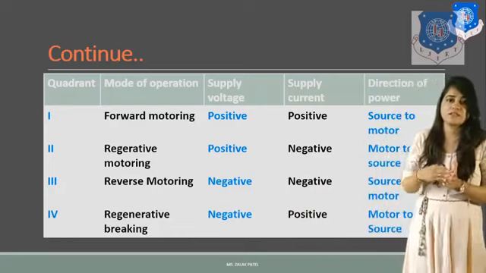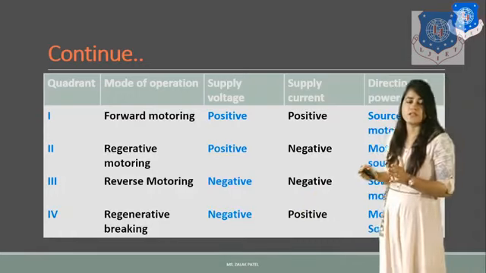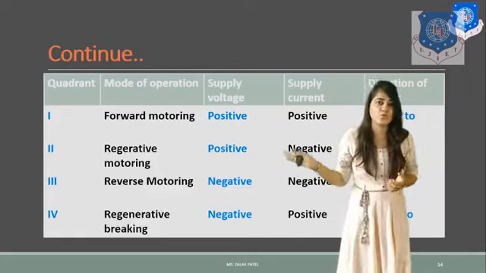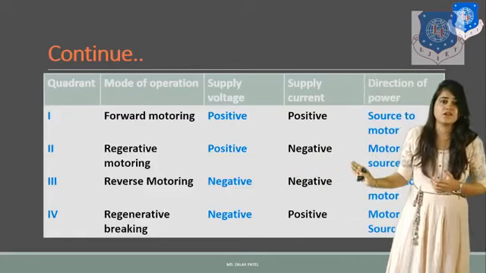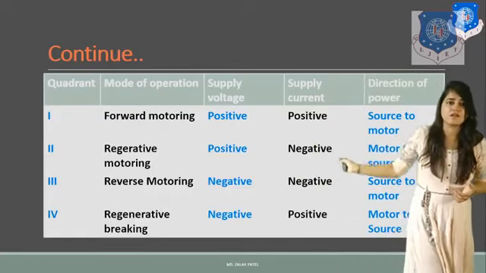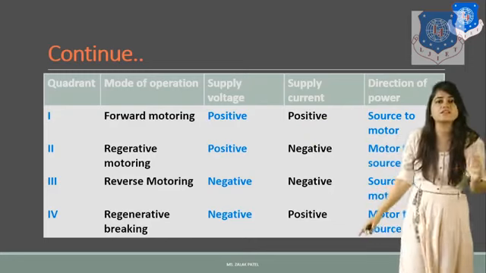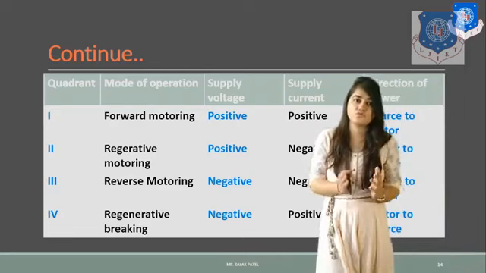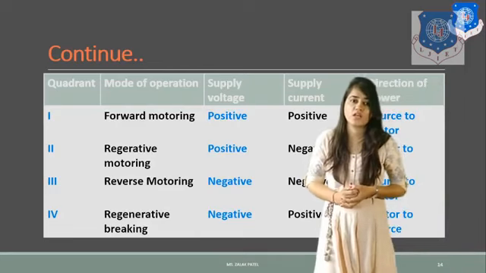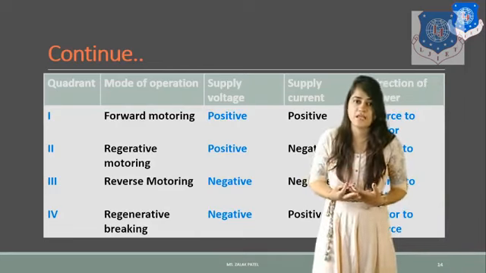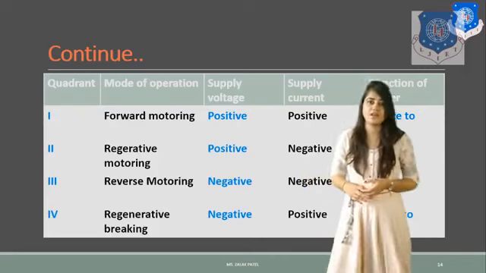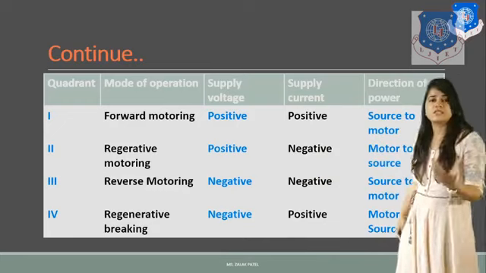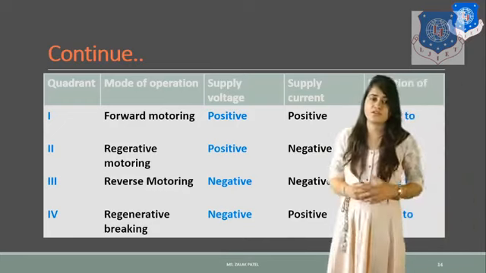And because the operation is opposite in nature, in this case supply current is negative and in this case supply current is positive, but the current direction will be the same whether you use regenerative motoring or regenerative braking. So that's why your direction of power is from motor to source. So these are the four different modes of operation.